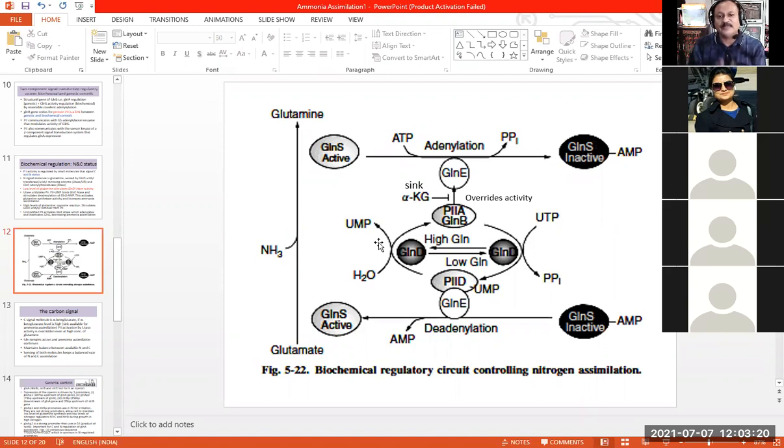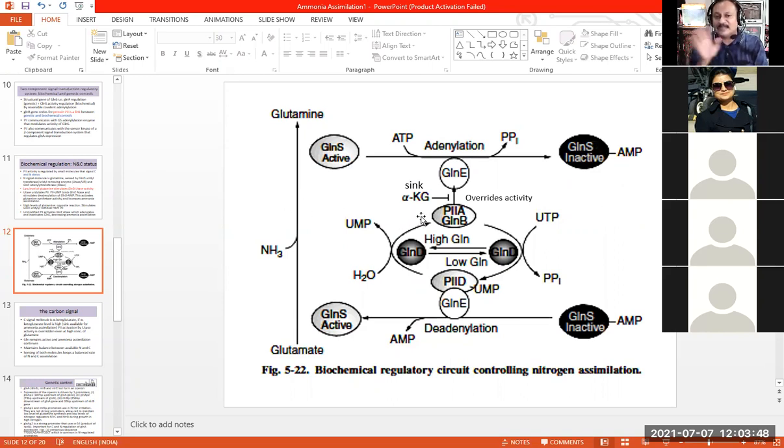Then glutamine synthetase, which was active earlier, by adenylation is going to become inactive, and therefore the conversion of glutamate to glutamine will not take place, because glutamine is already present at a high concentration.